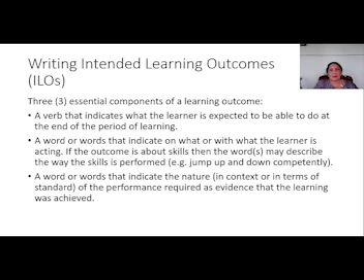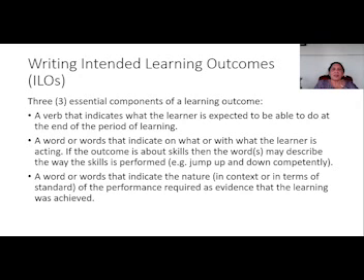So let's try to learn. What are the three essential components of a learning outcome? What's the picture of a learning outcome? What must it consist of? All right. Here are the three essential components of a learning outcome.